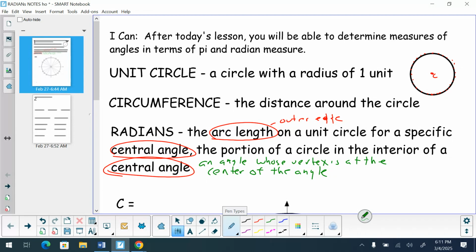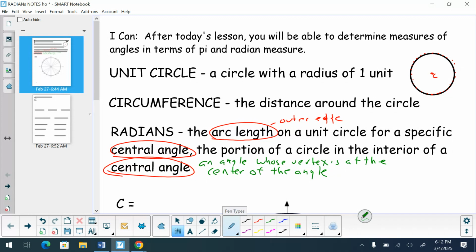So just going back to your ideas of geometry, you looked at the idea of a central angle in geometry, and you did some calculations with the central angle. That central angle's vertex point is at the center point of the circle.